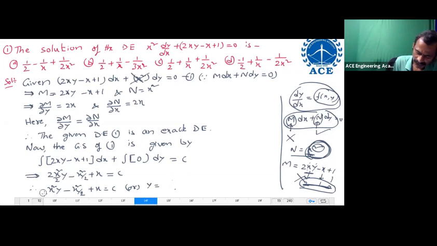Minus x square by 2 divided by x square becomes just 1 by 2. Next, plus x by x square becomes 1 by x, and that plus becomes minus 1 by x. Next, c divided by x square means c by x square.